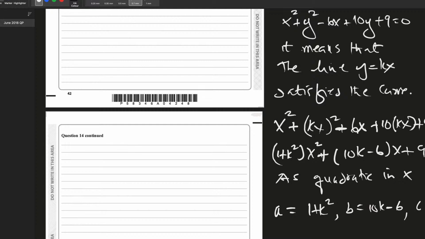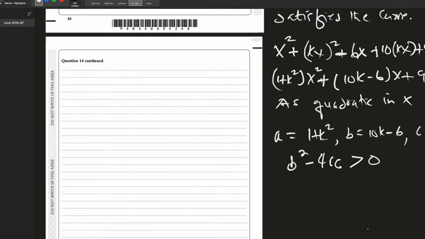Friends, you know for sure that b squared minus 4ac is greater than 0. Then we substitute all the respective values into the equation. We are going to get 10k minus 6 all squared minus 4 times 1 plus k squared times 9 is greater than 0.